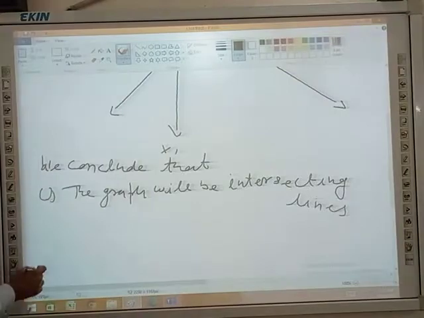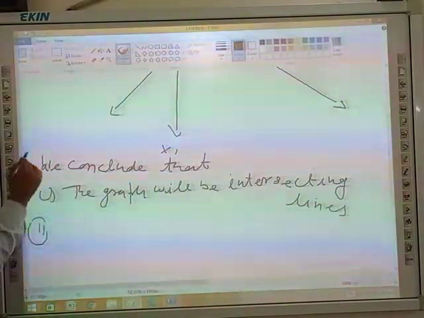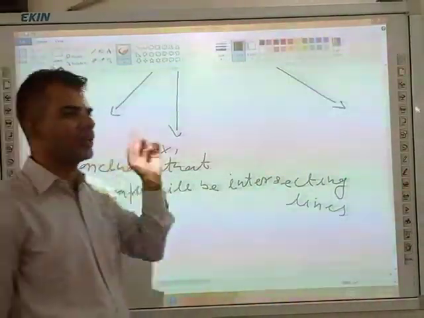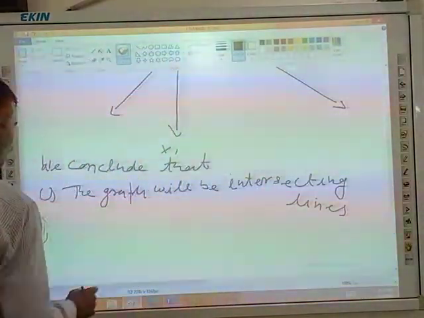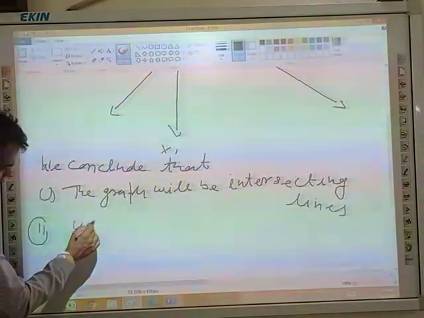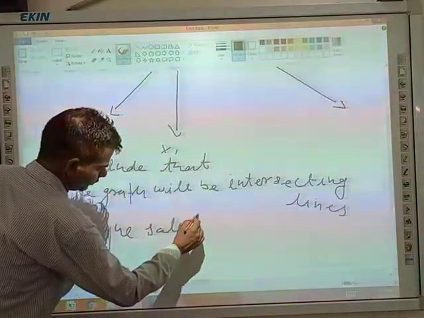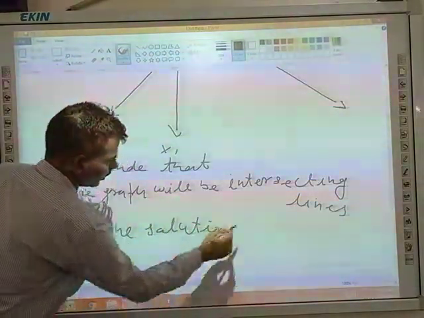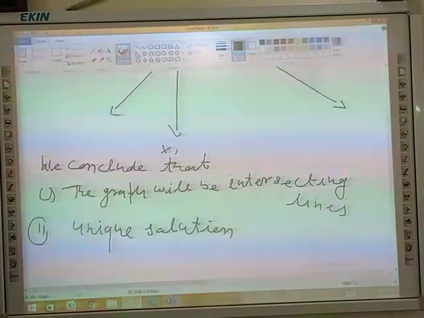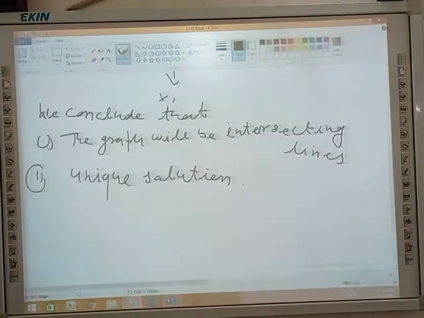The second one is that it has only one unique solution.